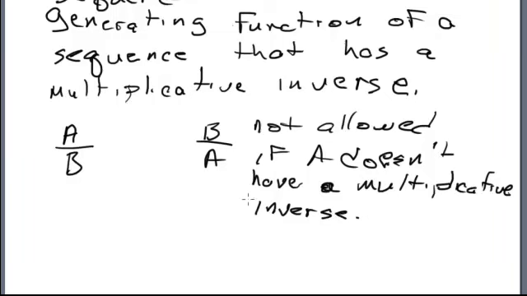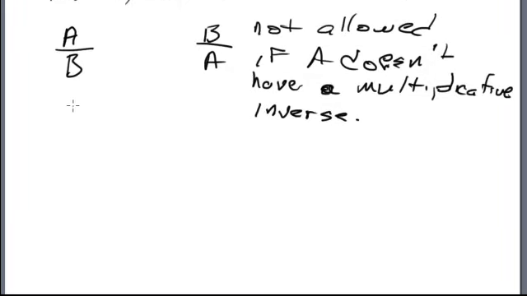So we can't write 1 over x because x doesn't have a multiplicative inverse. So this is not allowed.